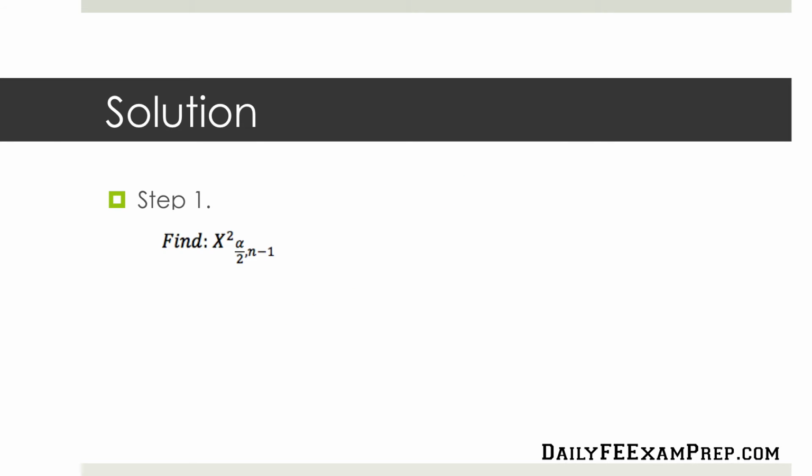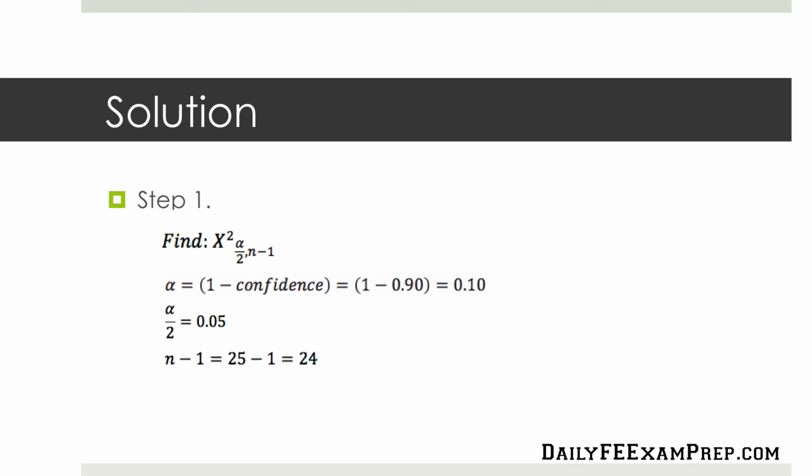Step 1, we want to find what that chi-squared of alpha over 2 and n minus 1 value is. First let's define our alpha value. Alpha is 1 minus our confidence value, which is 1 minus 0.9, which equals 0.1. Alpha divided by 2 is simply 0.05. n is our sample size, which is 25, and 25 minus 1 is 24.